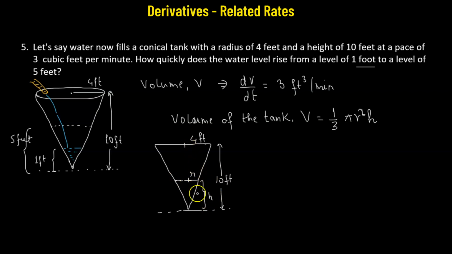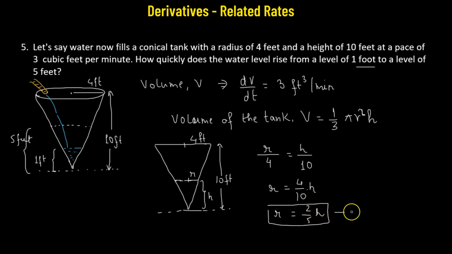Using the properties of similar triangles, the radius r divided by the radius of the entire cone is equal to h divided by 10. So r will be equal to 4/10 times h, or simply r is equal to 2/5 of the height. This is the relationship between the radius and the height of the cone.